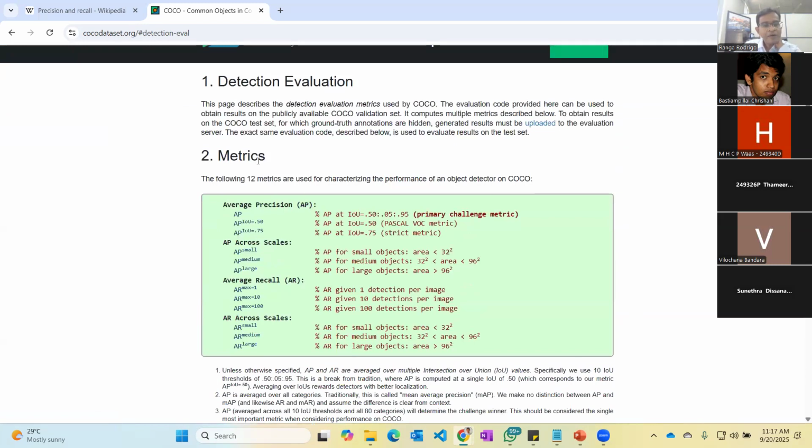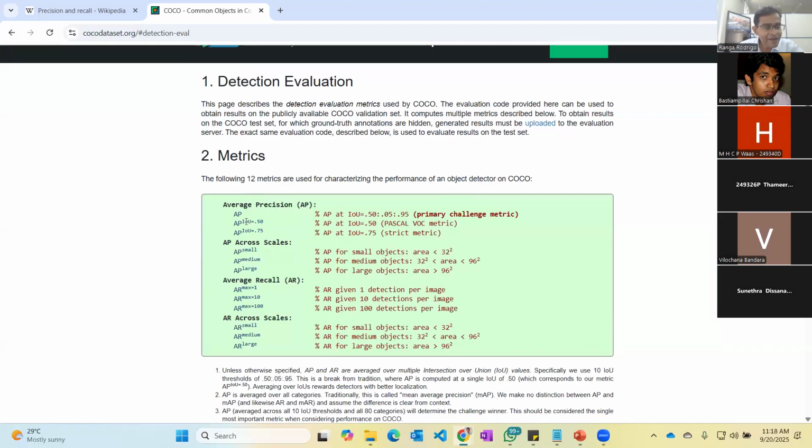Now in the COCO metric, the following 12 metrics are used for characterizing the performance of an object detector on COCO. So AP, average precision, IOU from 0.5 to 0.95. They take all these average precisions at different IOU scores, and that's what they call AP.